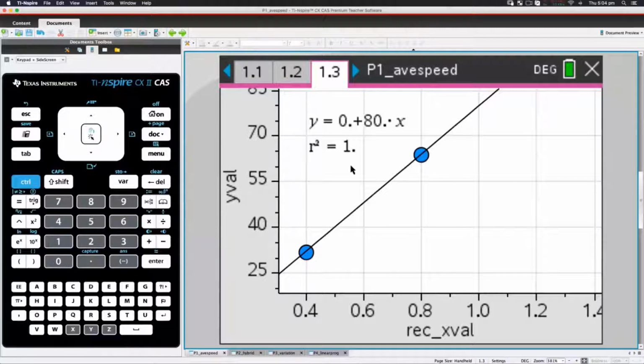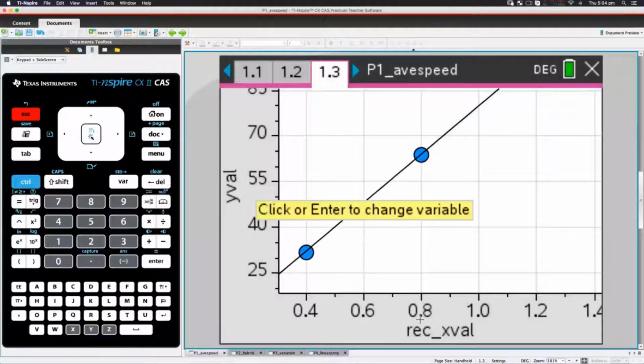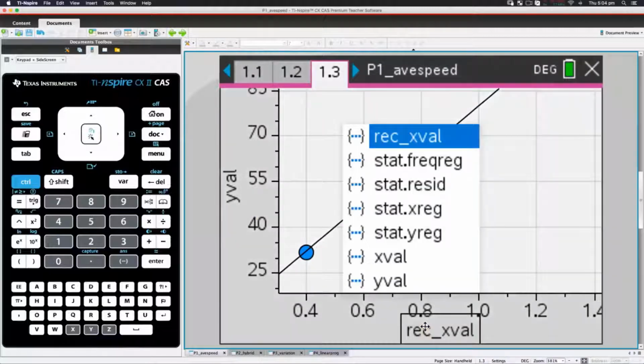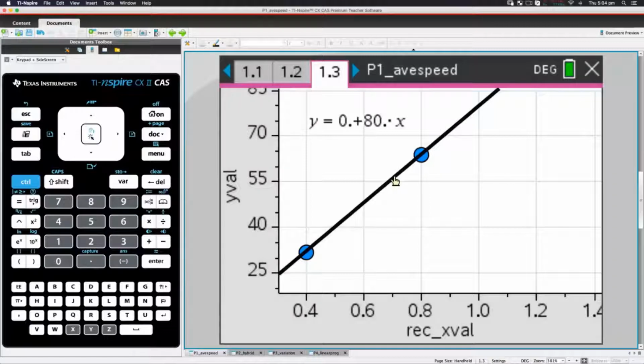So what's happened here is, by graphing the y value against not the x value, but the reciprocal of the x value, you end up with a straight line. We've just got 2 points, and this is just fitting a regression line that passes through those points, and it says 0 plus 80x. So it's just 80x, or unsurprisingly telling us that the k value is 80.